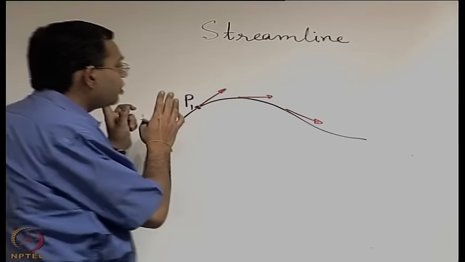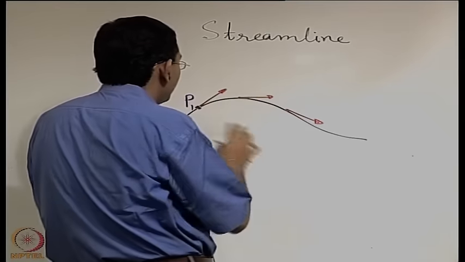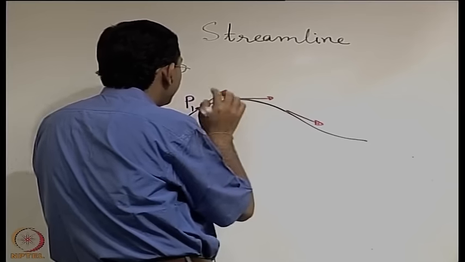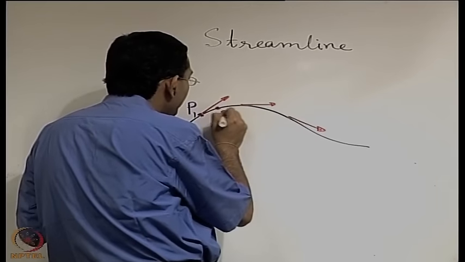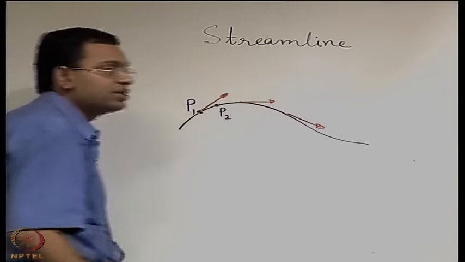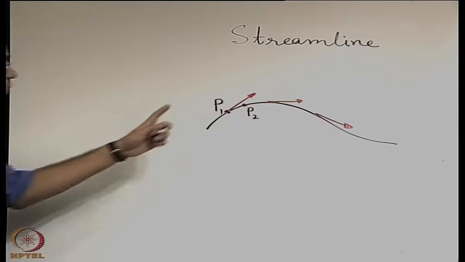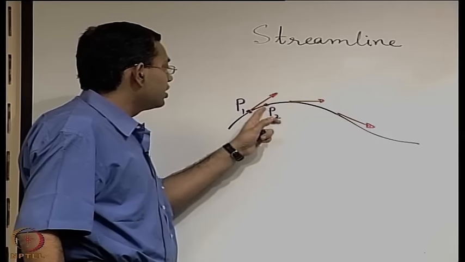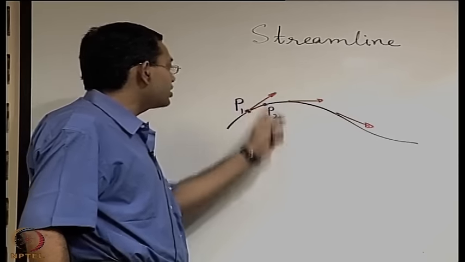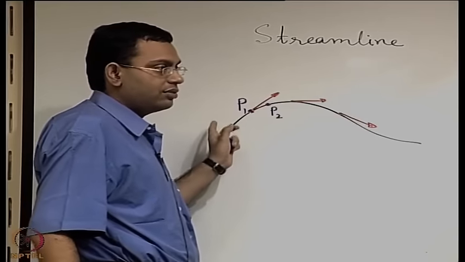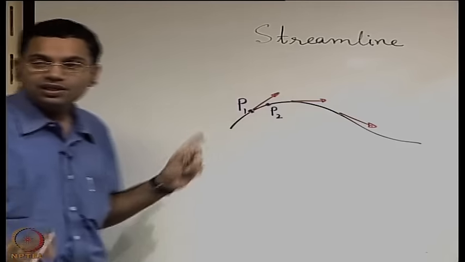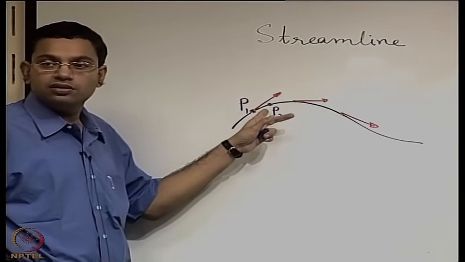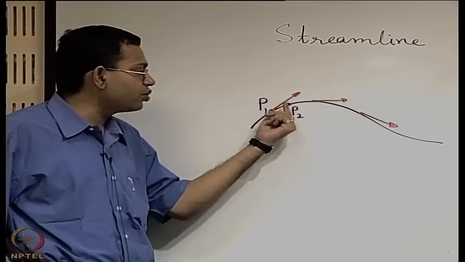We are not bothering about the motion of the fluid particle, we are just bothered about two points which are located on the streamline, quite close to each other, say P1 and P2. Not that P2 represents the location of the fluid particle at a different time, not like that, it is just another point on the streamline which is very close to the point P1.